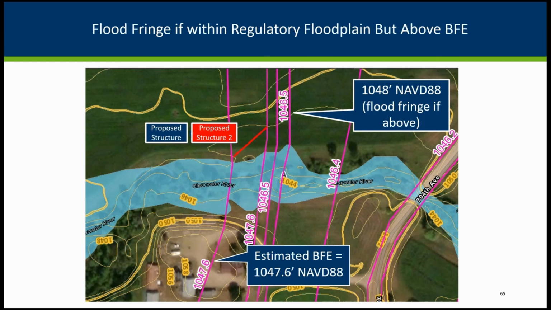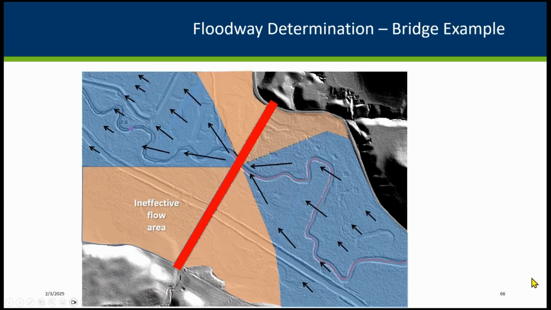For instance, the red line that popped up there connects the 1048 contour. If that proposed structure is located inside that 1048 contour, that 1047.6 cross section might be touching on that structure, and you might need to do some additional work to make sure that's not the floodway and that it is actually the flood fringe. That's the main point of those two slides.